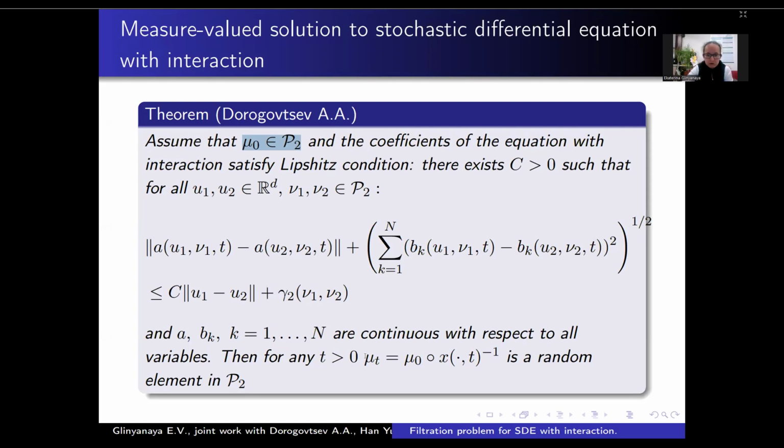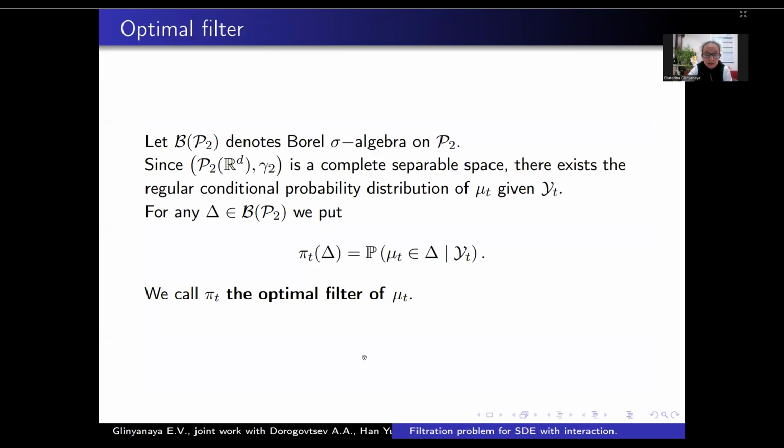Okay, so now I will suppose that we have these assumptions for coefficients A and B. And what is the problem that we want to solve? Now that we have a distance on the space of measures, we can consider the Borel sigma algebra on the space of probability measures.